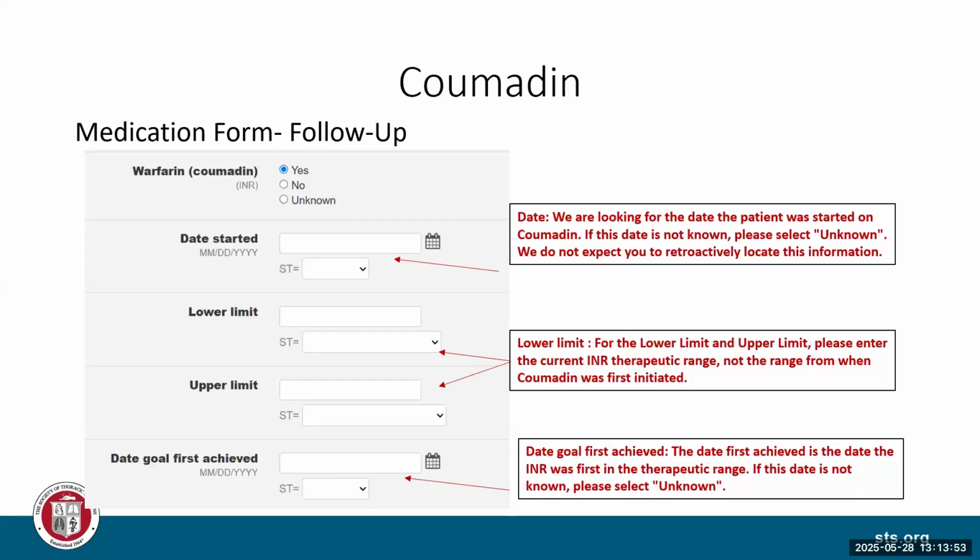Current goal, right. And so just to think a little bit outside the box: say the patient was on Coumadin, they stopped Coumadin, say they were having some bleeding, and then they restarted. You would have a new start date, so then you would enter that date. Even though the patient had been on Coumadin for 3 years, they stopped it for a time and then it was restarted, you would now have a start date.